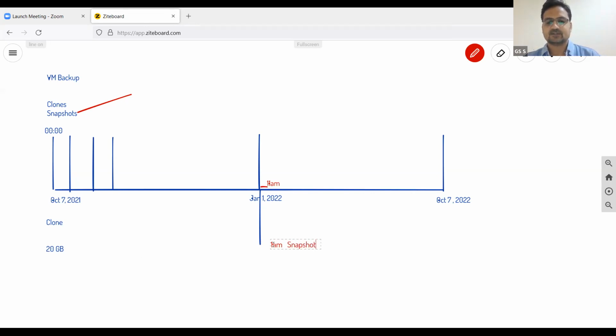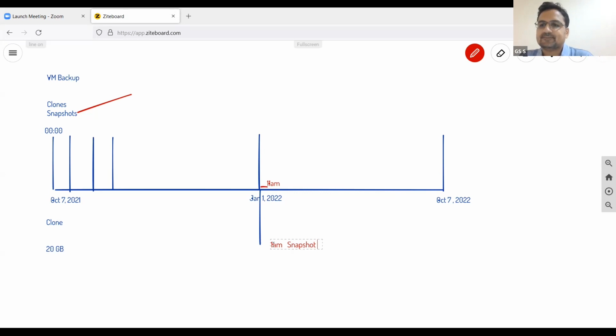A snapshot is the difference in the contents of the VM right now and the VM at midnight. That difference in content I will store in a file that is known as a snapshot.